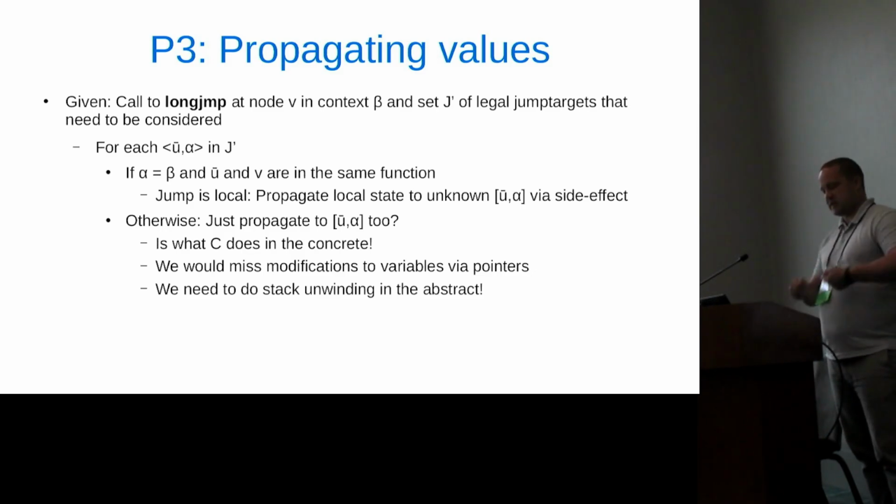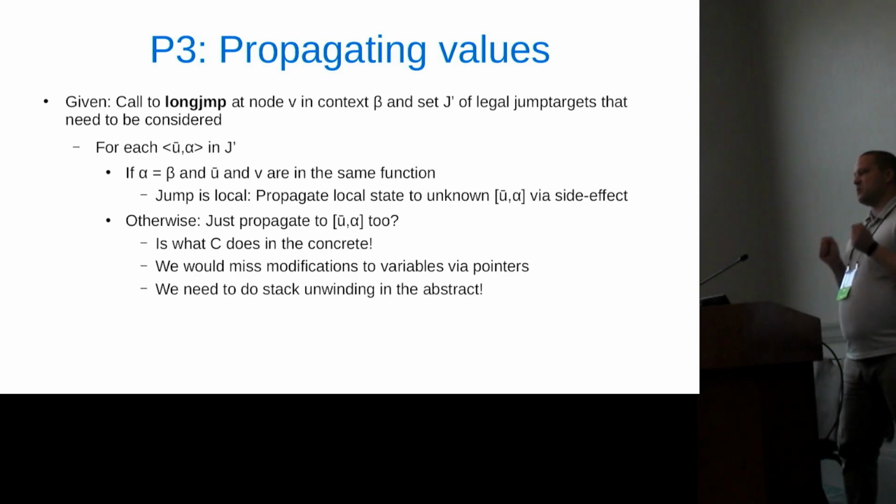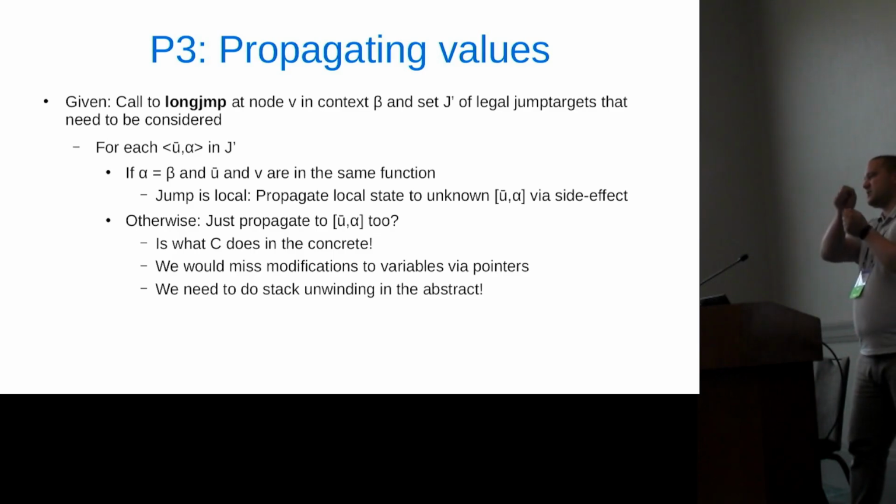In our abstract state, at this program point where we call the longjmp, we only have abstractions of all of these values that are somehow reachable. So we do not have abstractions of values, for example, of locals of other functions that are further up the call stack. However, they might have been modified between setjmp and longjmp, which means we basically, in the abstract, need to do the stack unwinding that we actually don't do in C.